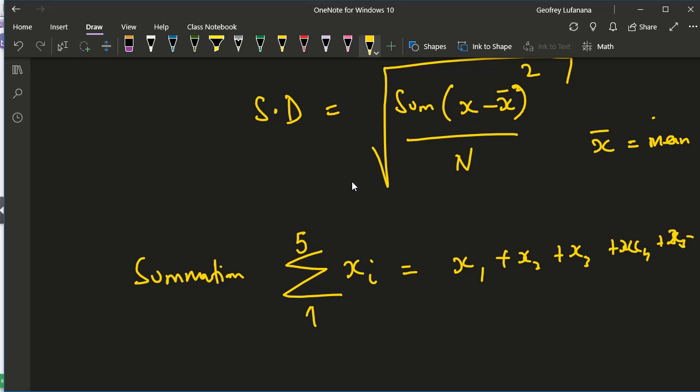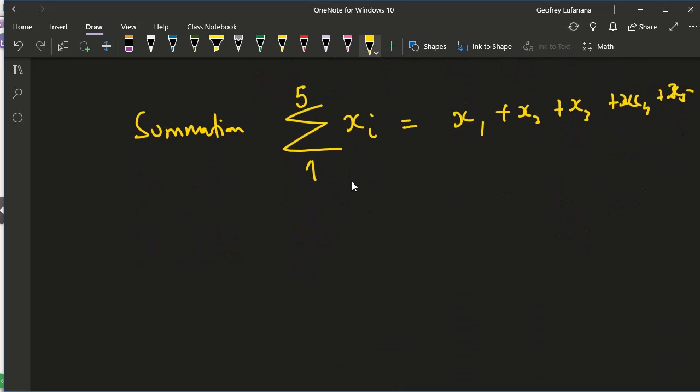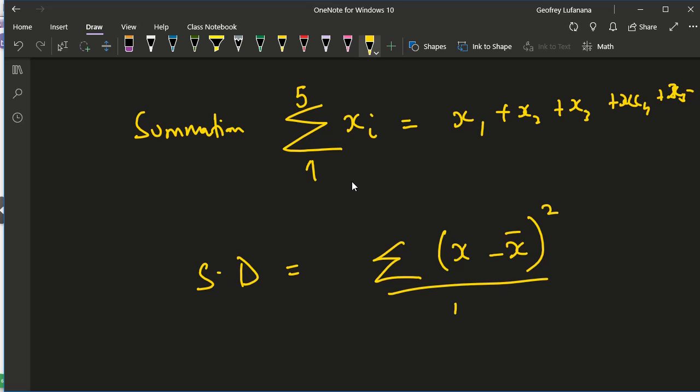So where I have the word sum, I can use that symbol of summation. So standard deviation becomes summation of (x minus x bar) squared divided by n, under the square root.